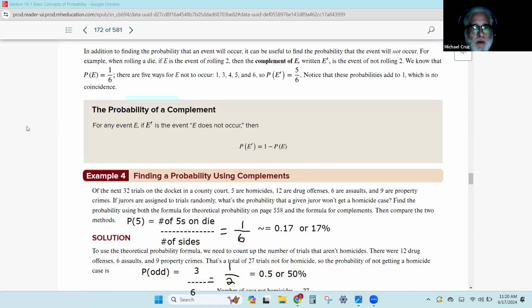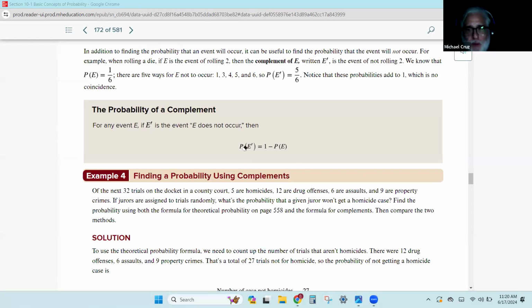Right. So the complement is something we're going to use again here, so don't forget about that. The probability of the complement will be just 1 minus whatever you got. So let's look at something here.